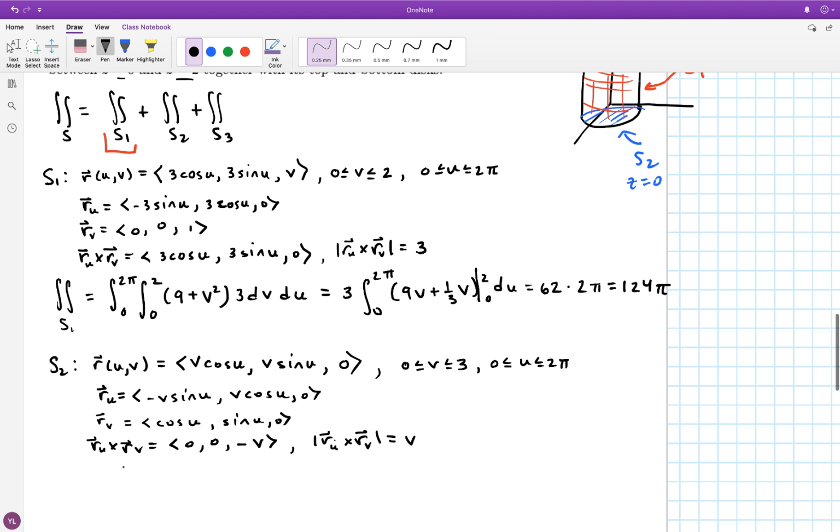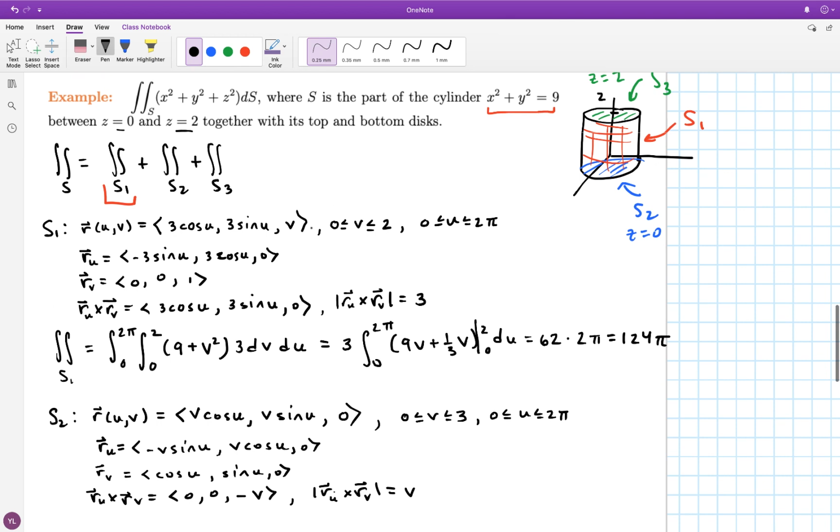So when you take r_u cross r_v, you would expect it to be perpendicular to the xy plane, which we have here. I only have a k component. In this case, it's pointing downwards. So in any case, I've gotten my magnitude of r_u cross r_v, which goes into the differential form for surface area, and I'm ready to set up the integral.